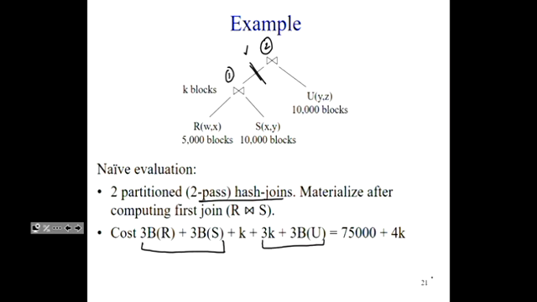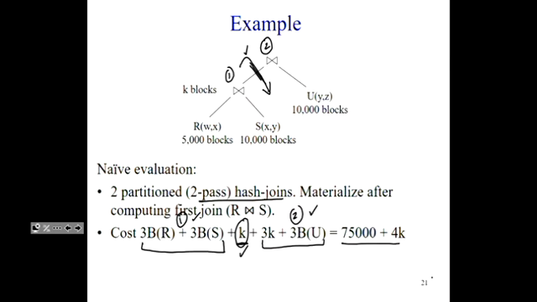And so far we've not accounted for the cost of writing out the first output, which is R join with S. For that I have an additional cost of K. So this is the cost of the first join, this is the cost of writing the output out, and this is the cost of the second join. Overall this evaluates to 75,000 plus 4K. Any questions about this?